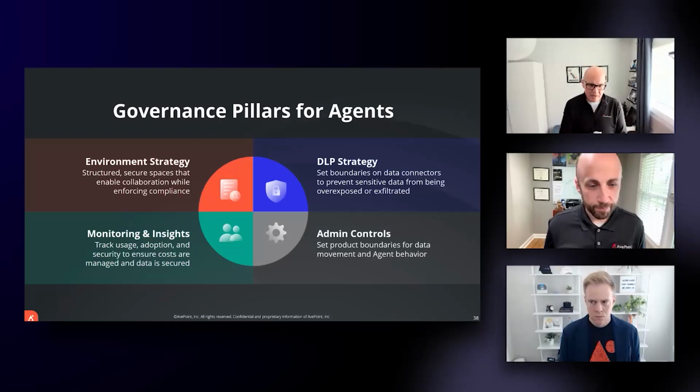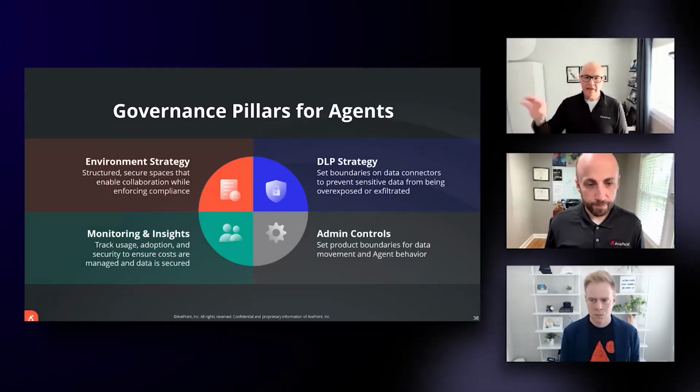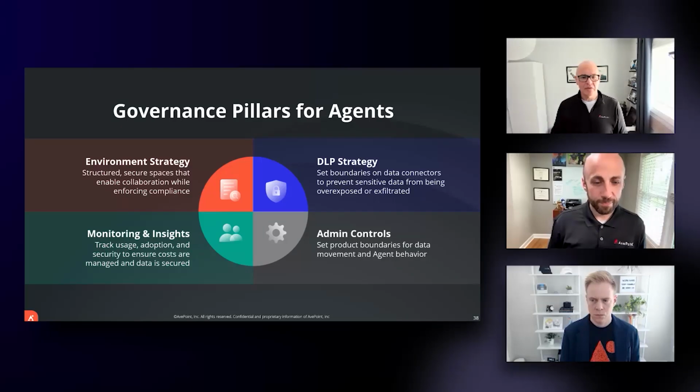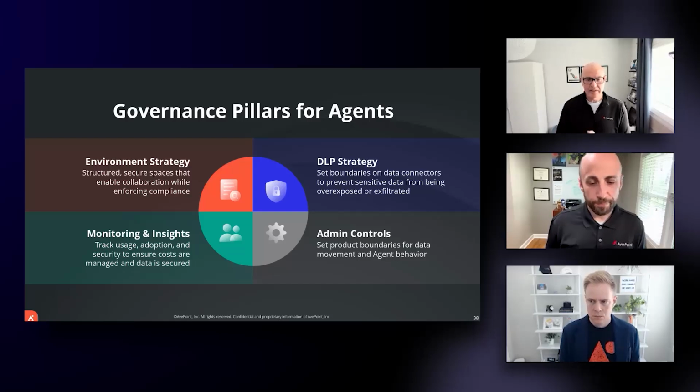DLP, or data loss prevention policies, they help to control the flow of data in and out of our agents, our apps and flows. And this is the front line in the defense for protecting our organization's data. DLP is about controlling how our connections to the different apps and services interact with the Power Platform.